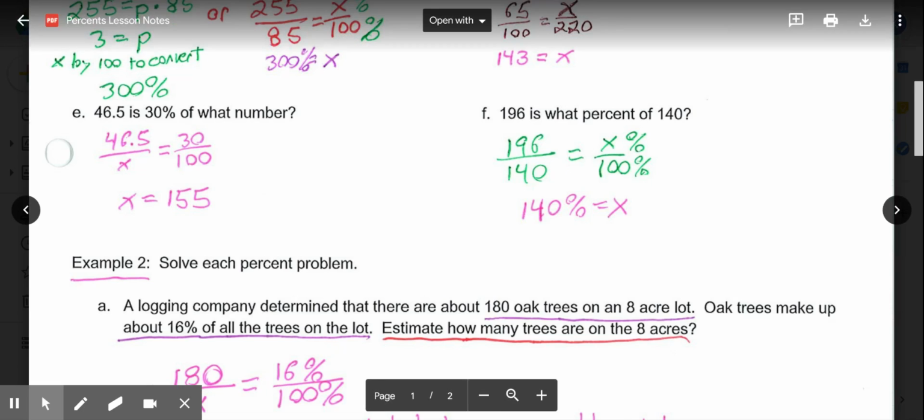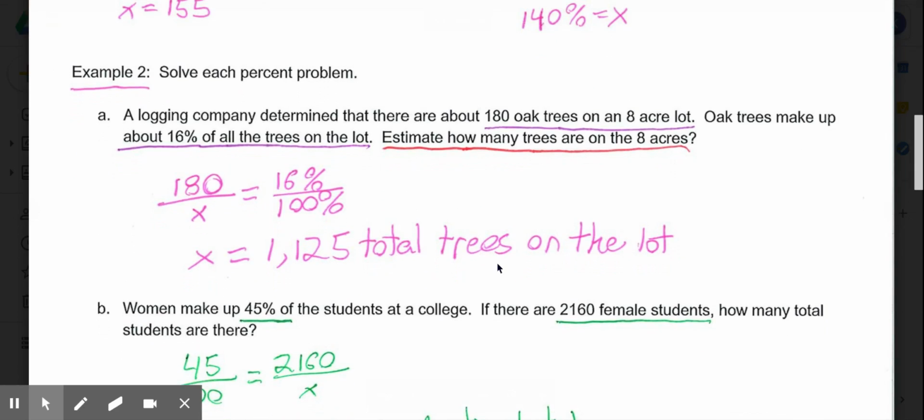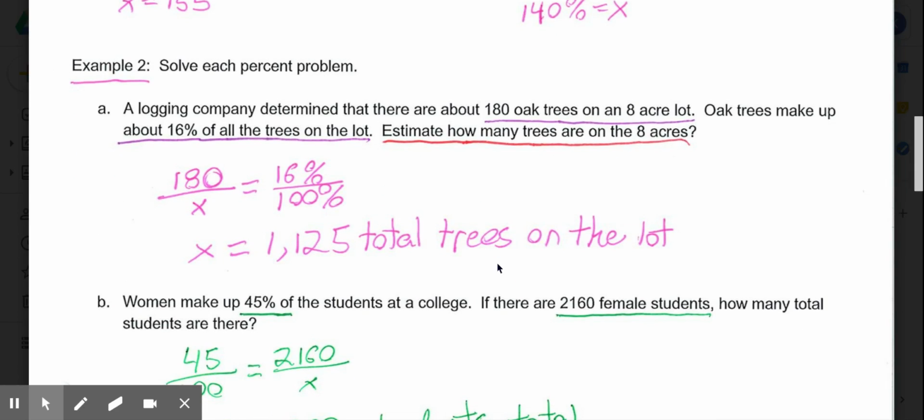Now, if they give it to you in a word problem, we still can use the is over of equals percent over 100 approach. So, a logging company determined that there are about 180 oak trees on an 8-acre lot. So we know there's about 180 oak trees on this lot. Oak trees make up 16% of the trees.